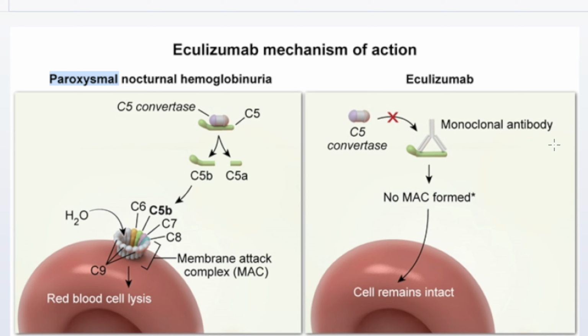So these patients have paroxysmal nocturnal hemoglobinuria. It's a condition resulting from decreased expression of complement inactivation proteins like CD55 and CD59. So remember, CD55 and CD59 are complement inactivation proteins.